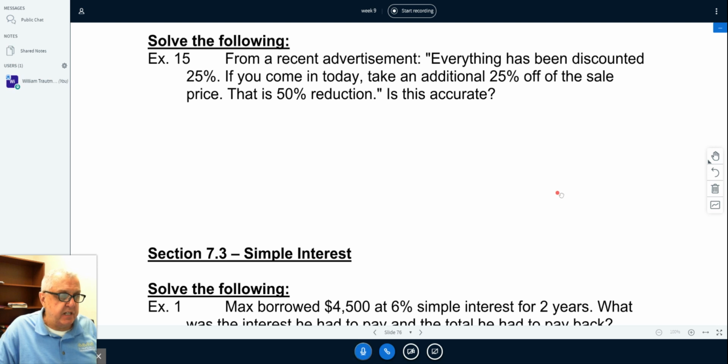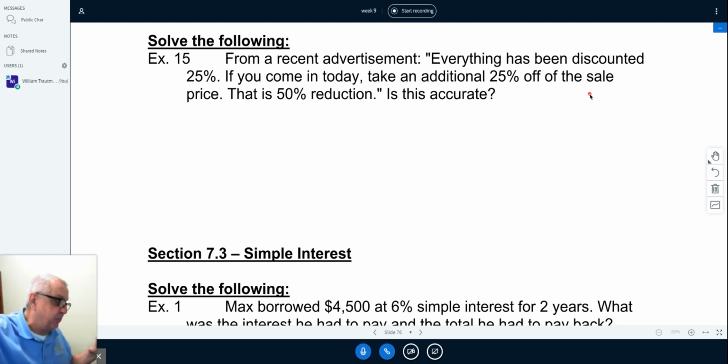From a recent advertisement, everything has been discounted 25%. If you come today, take an additional 25% off the sales price. This is a really good ploy for salespeople. If you take 25% off of a specific price, and then they say, "Oh, we already took 25% off.